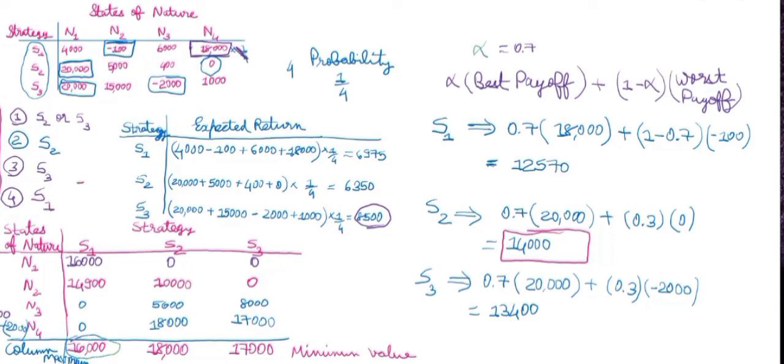Now our maximum value will be the strategy that we will adopt. So for the fifth question, the decision maker can adopt strategy S2. So this is how you can find the strategies for decision making under uncertainty. Thank you.